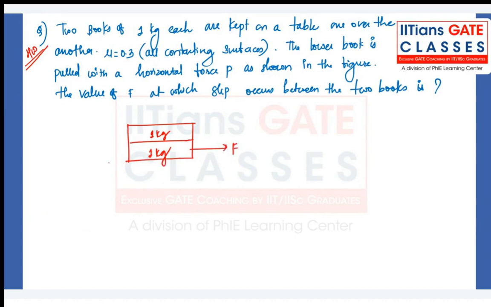Two books of 1 kg each are kept on a table, one over the another. The coefficient of friction is given for contacting surfaces. The lower book is pulled with a horizontal force P as shown in the figure. The value of F at which slip occurs between the two books is. The final answer in this case is 8.83 Newton. You should get it.